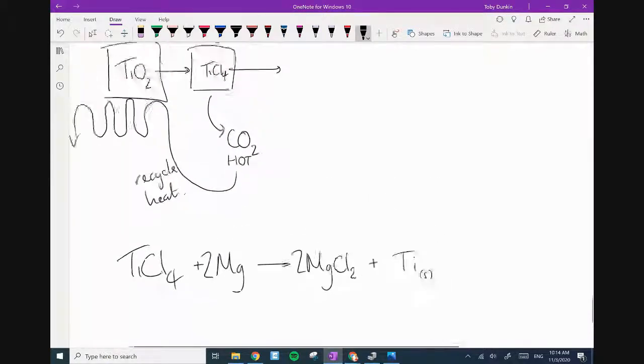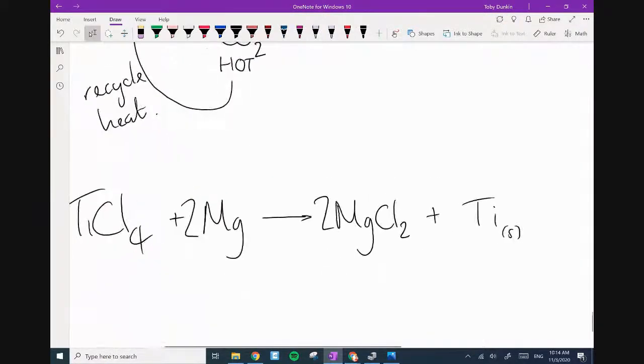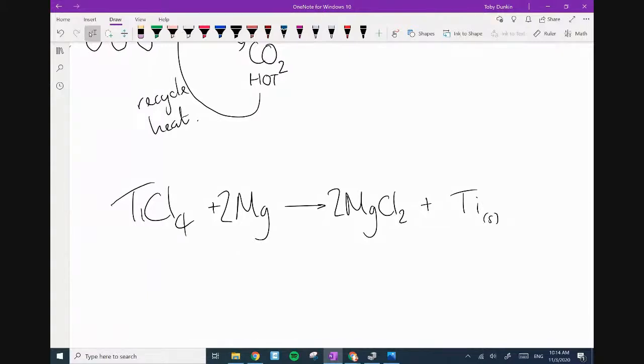You can use sodium metal, by the way. You can use magnesium or sodium as a reducing agent in this particular step. And I think sodium's now used more than magnesium. I'm pretty sure that sodium is now used more commonly. There you go, 4 of those.